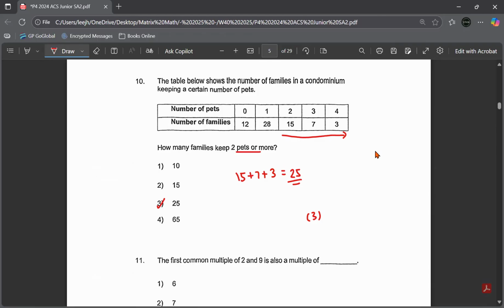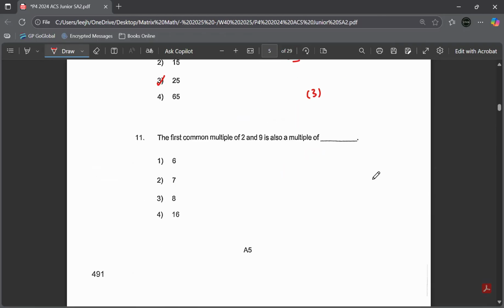Question 11. The first common multiple of 2 and 9 is also a multiple of what? So you ask yourself, I need to find the first common multiple of 2 and 9. You just list out multiples of 2: 2, 4, 6, 8, 10, 12, 14, 16, 18, 20.